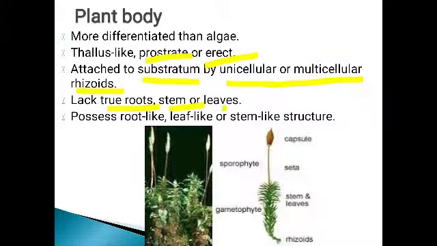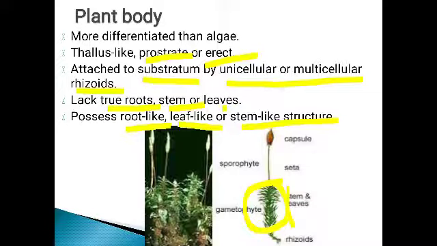That means they do not have a true root, stem and leaves. They only have root-like, leaf-like and stem-like structures, which means the stem, root and leaves are not well developed. Here you can see the stem-like structure, and on that the green colored structures you can see are the leaf-like structures.